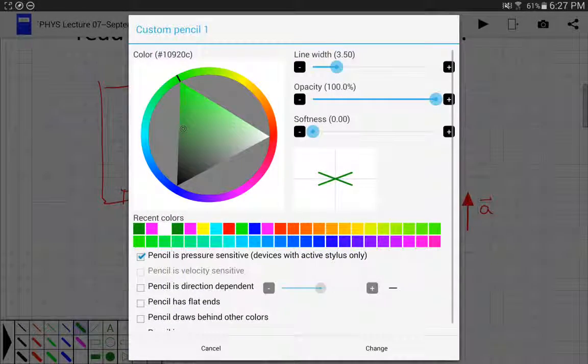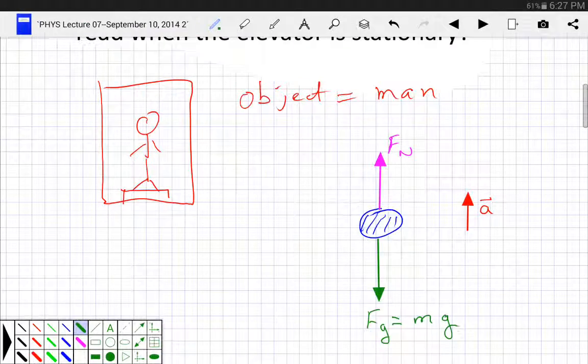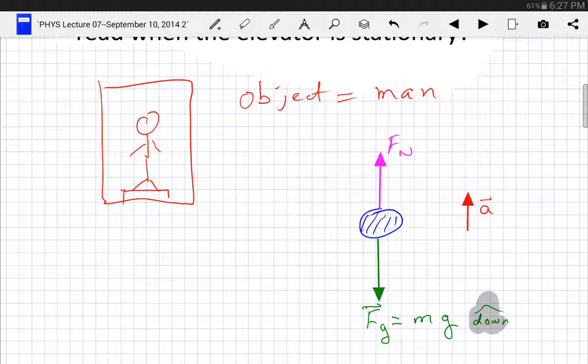I will apparently make a mistake. I will go ahead and put a vector here and put the direction there because, remember, g is always a positive value, positive 9.8. I just put an arrow with down. That's probably not the best way to mark it.